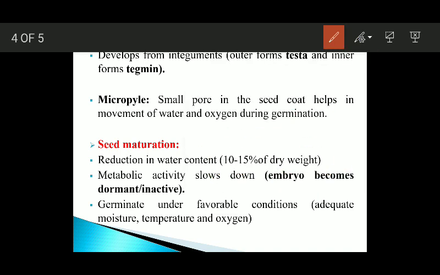The second one is that the metabolic activity slows down. That means the embryo becomes dormant or inactive. When seed maturation occurs, the embryo becomes inactive, or you can say its metabolism becomes slow.